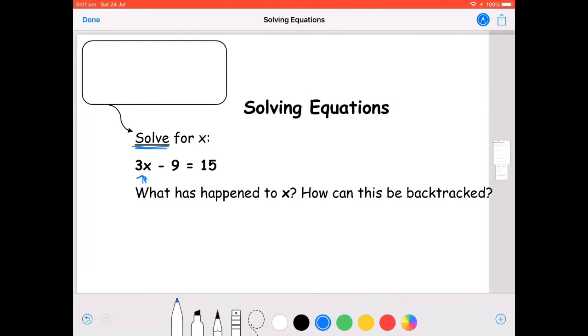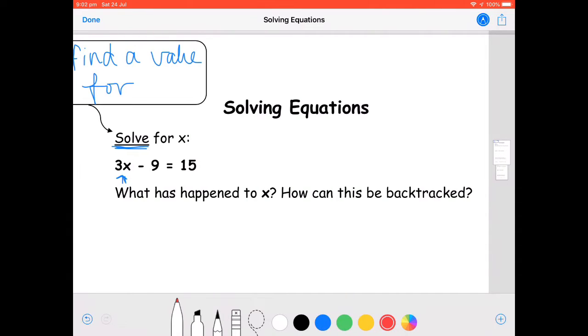So in this little speech bubble up here, I'm just going to write find a value for x. Hopefully you can still read my writing, it's a bit of a dodgy iPad or pen. So we want to find a value for x that will make this whole equation make sense.